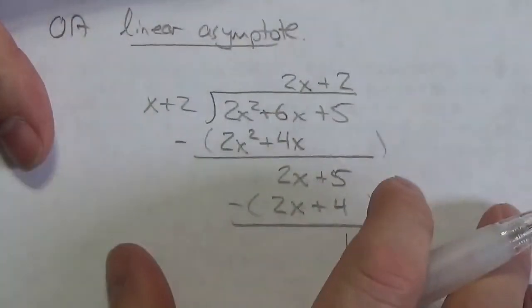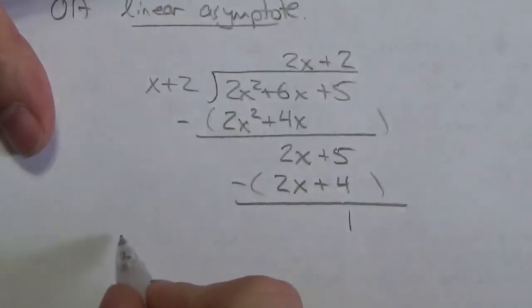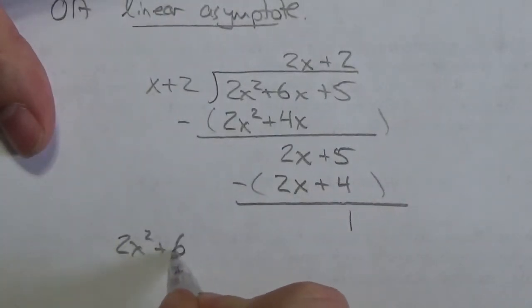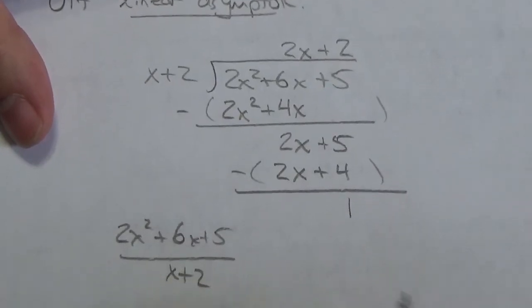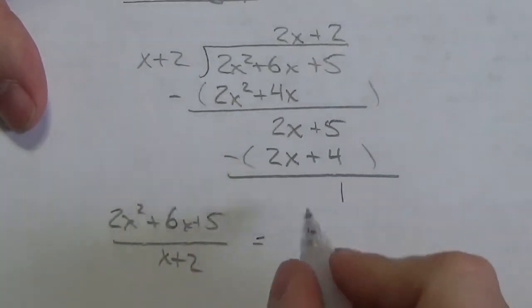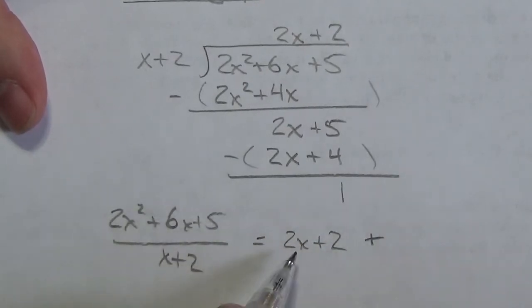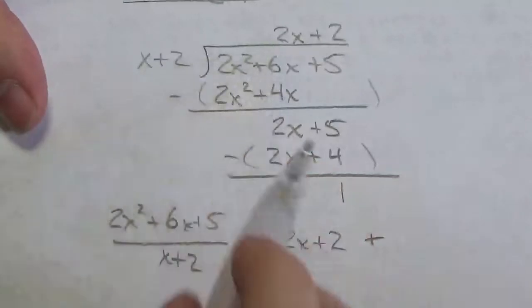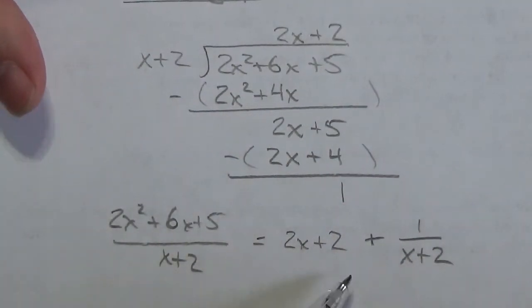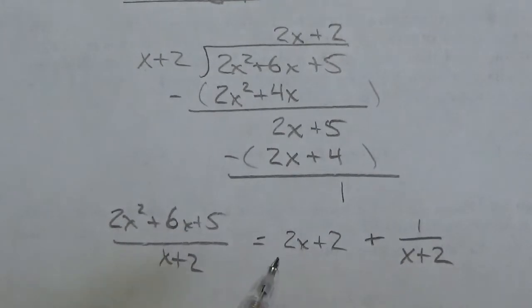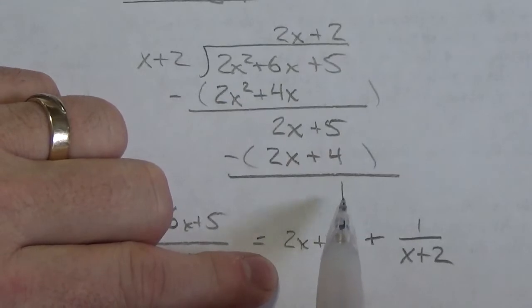So I'm happy with this the way it is, because what I've just stated here is that 2x squared plus 6x plus 5 over x plus 2 is equal to the quotient 2x plus 2, plus the remainder divided by x plus 2. Basically what we're saying here is I tried to do the division, I was able to get this much of it done, and then I got to here.